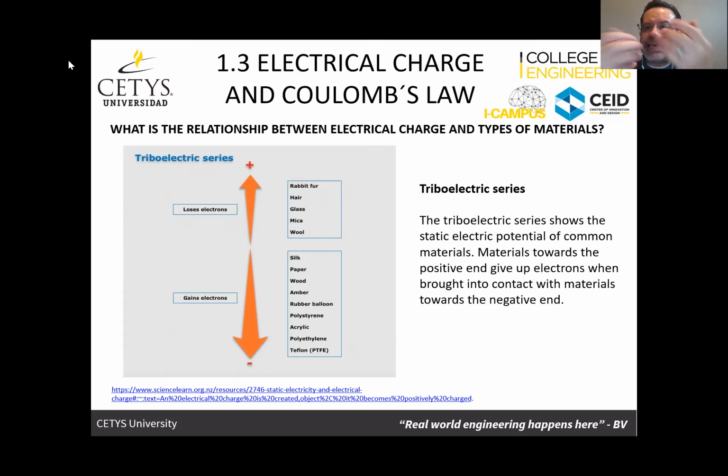One is easily giving electrons and the other is easily receiving them, okay? And that's what generates the electrical charge. So electrical charge can also be seen as this unbalancing of electrons in a material or in any sort of body, okay?